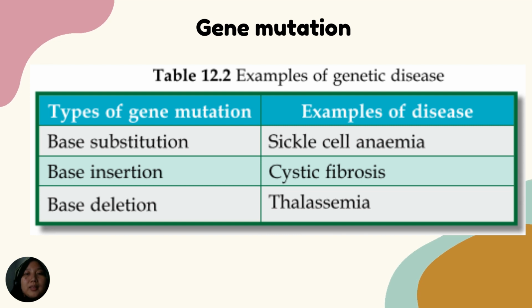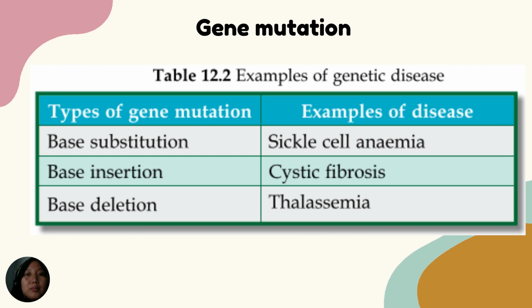All right, and then we go to base insertion. Base insertions can cause a disease, cystic fibrosis. This is fibrosis that usually occurs in a woman. And then base deletions cause thalassemia. Thalassemia is a blood disease where the red blood cell again becomes abnormal.